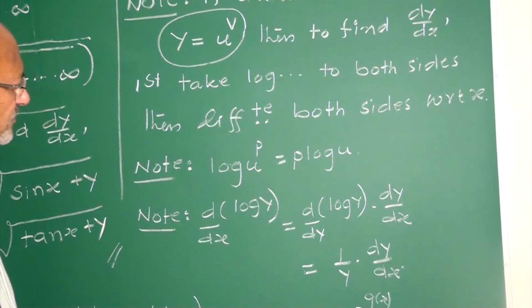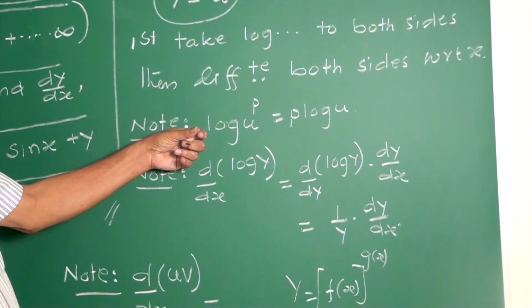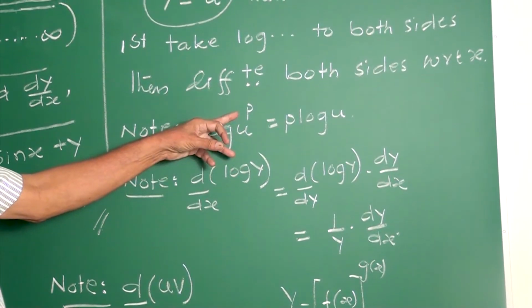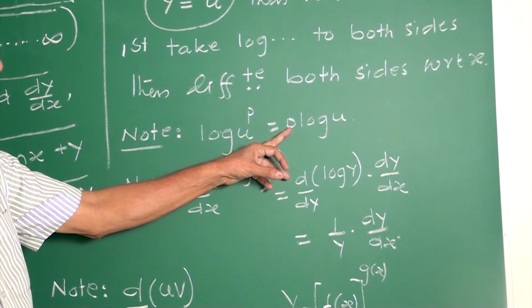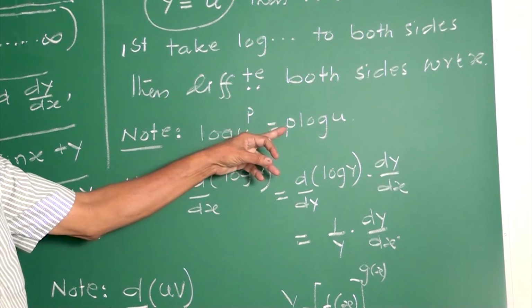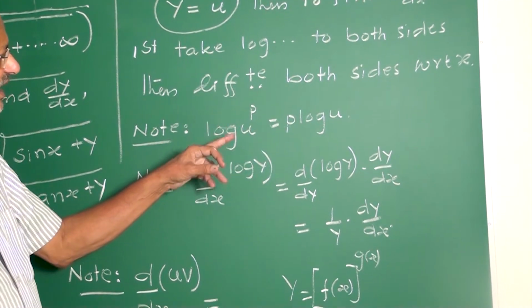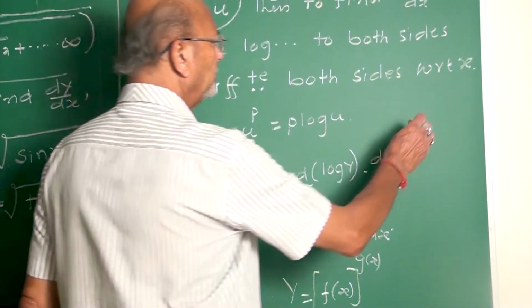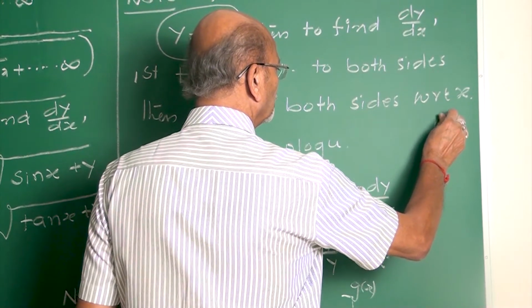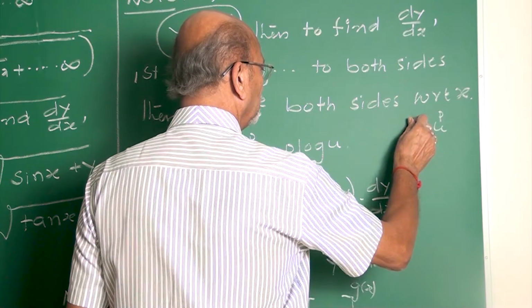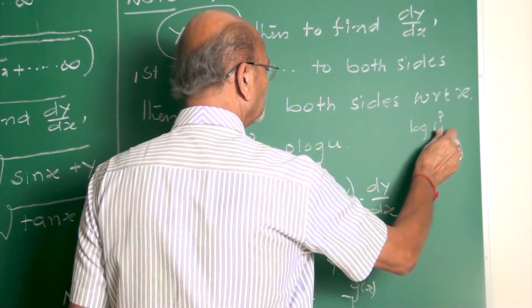Remember, my friends, this is the property of logarithm: log u to the power p, this power becomes coefficient, p log u. If it is u to the power p, if you take log here, it becomes what?